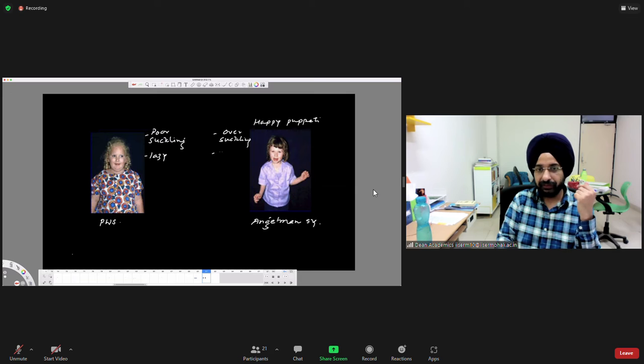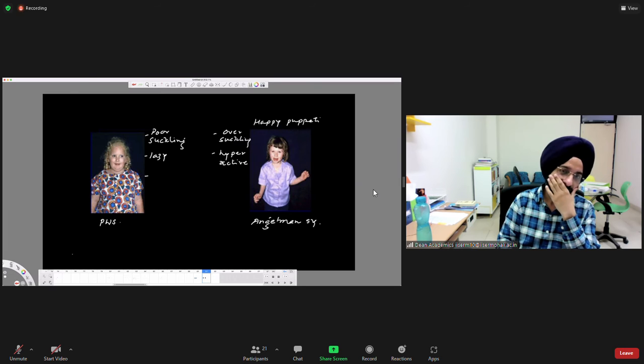This one is hyperactive, to an extent that it is difficult to control. Short height and average height. Motor retardation is common in both.